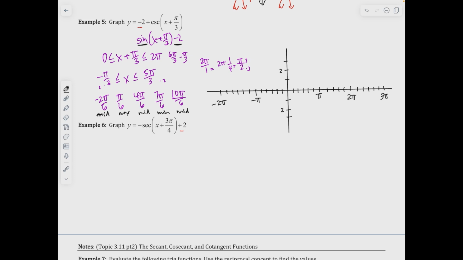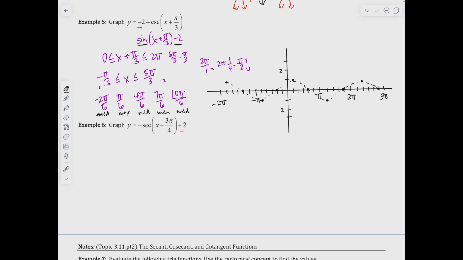So starting at 0, we go to the max at 1 pi over 6, back to the mid at 4, minimum at 7, maximum at 10, or mid. 1, 2, 3 to the left, 1, 2, 3, there. Okay, so this is the graph of sine.